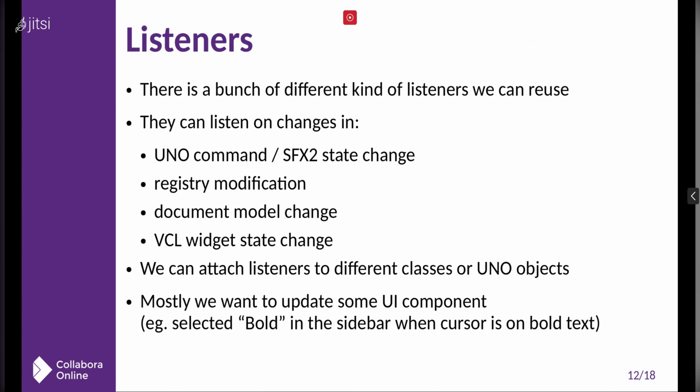For example, we can use that to update some UI components, like if we select some text and it's bold, then we want to highlight the bold item in the sidebar. That's the useful thing we can do with broadcasting the command state change.